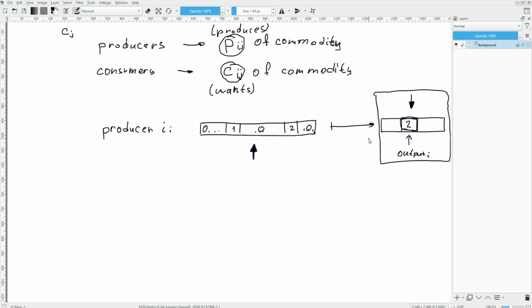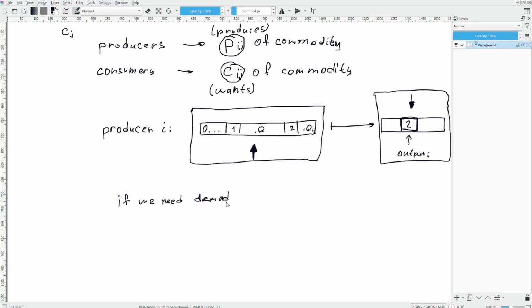But now the supply, we want to know how well we have satisfied these inputs on the previous step, right? So if we want supply, we need satisfaction of demand.